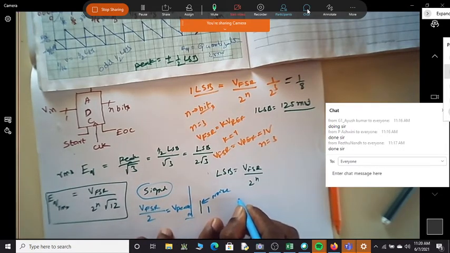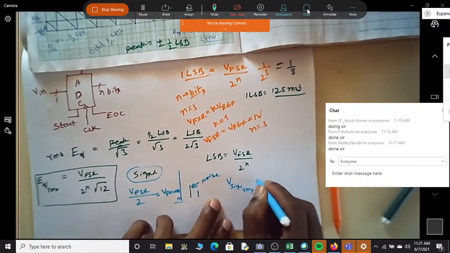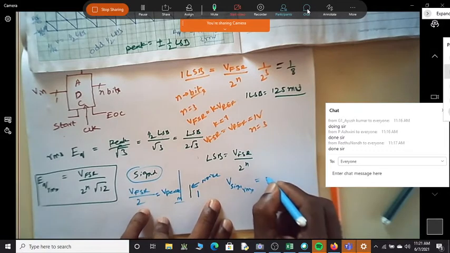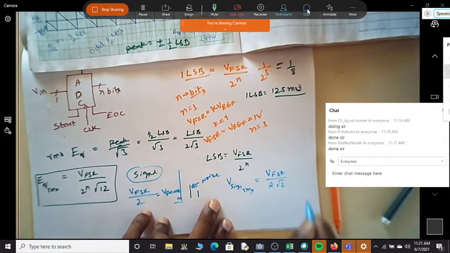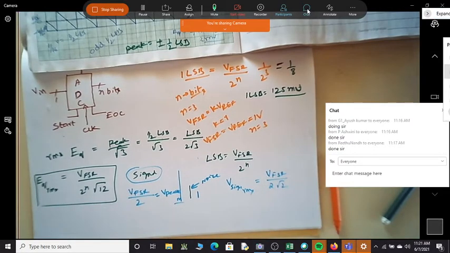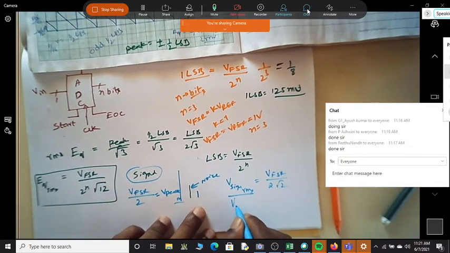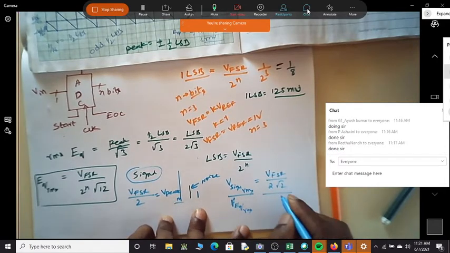Then what is V signal RMS? Is it V peak by root 2, VFSR by 2 by root 2? This is my signal. What is my noise? Of course, EQ RMS. Is it actually equal to VFSR by 2 power n root 12?